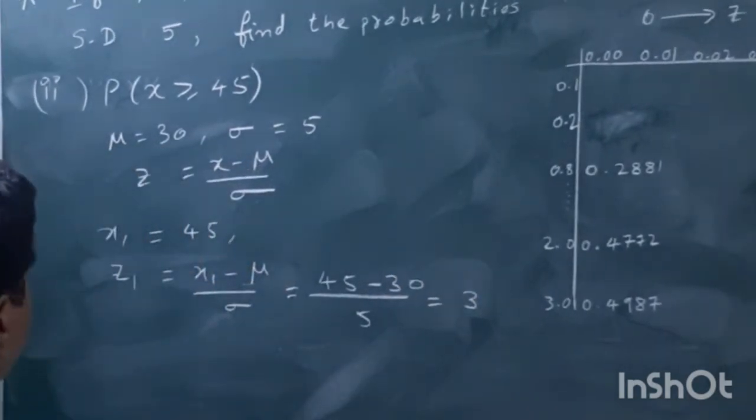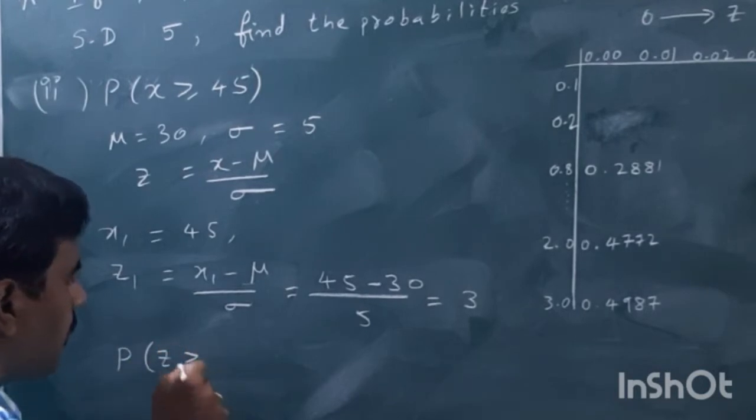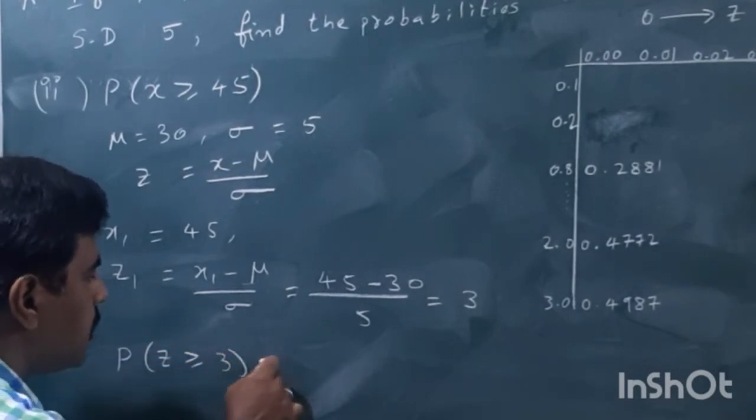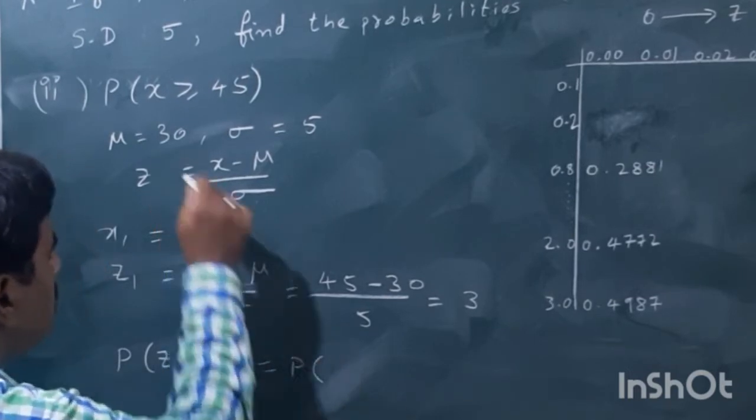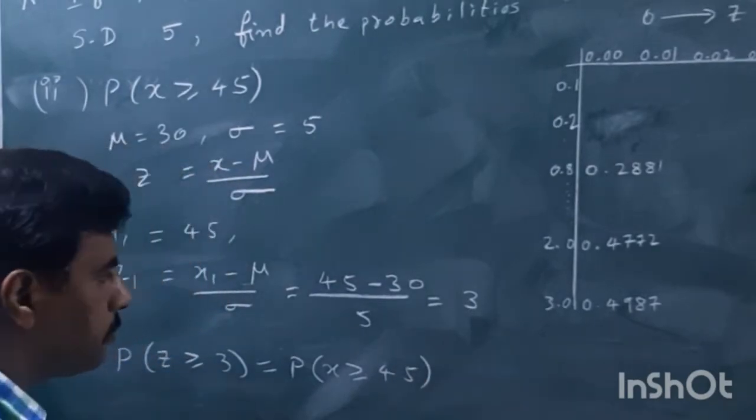That is, we have to find the probability when z is greater than or equal to 3, which is equivalent to the probability when x is greater than or equal to 45.